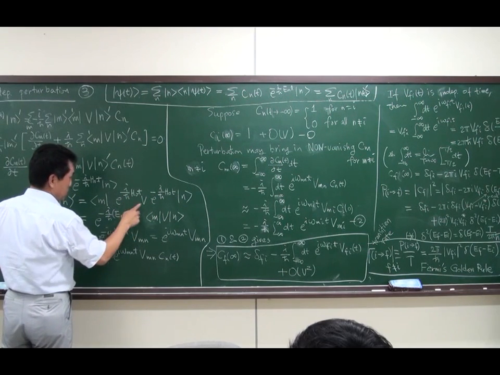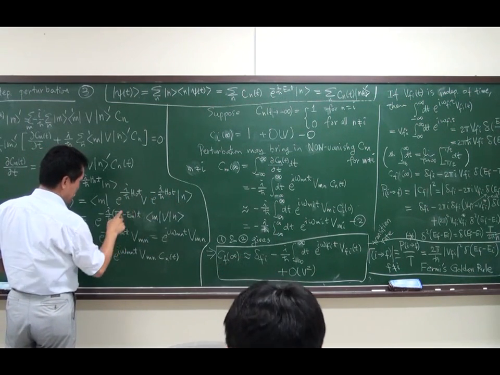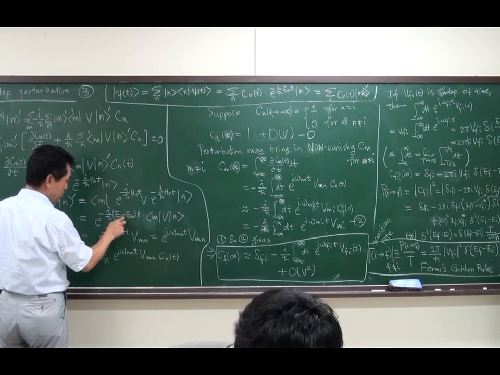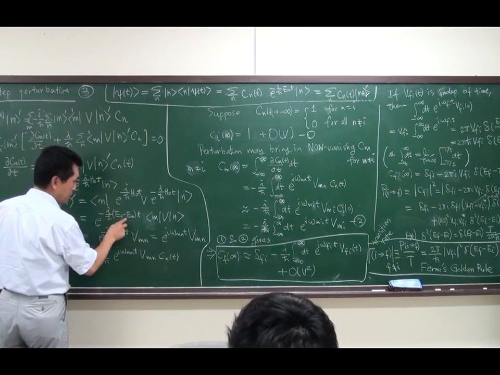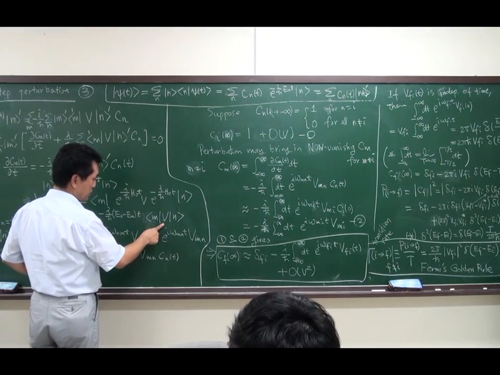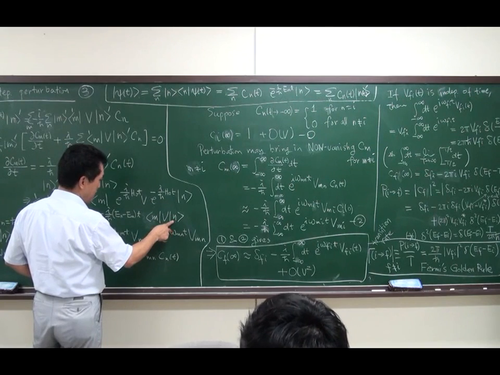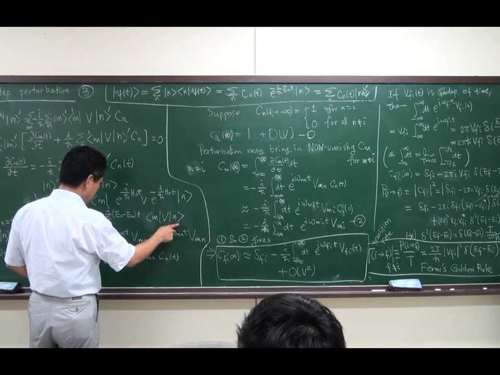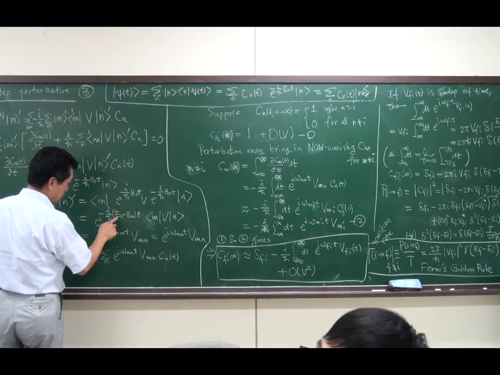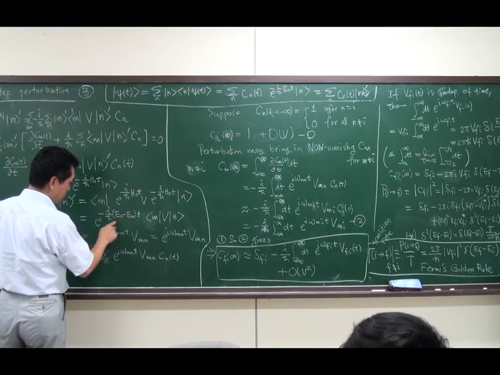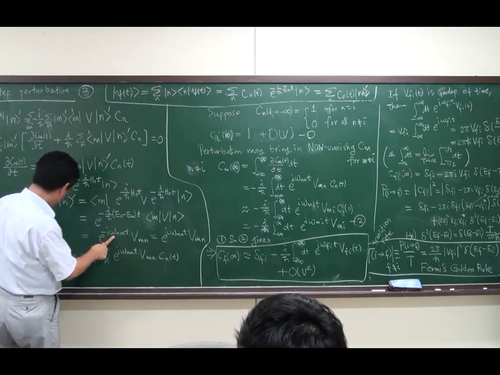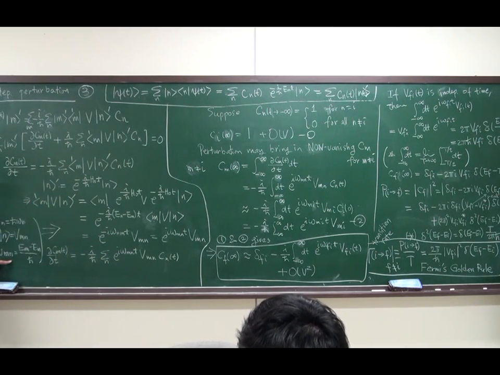So this is En with a negative sign, Em with a positive sign. And the matrix element of interaction potential V for the state n to m can be defined to be Vmn. And En minus Em divided by h bar can be defined to be omega nm. Like this. Okay.